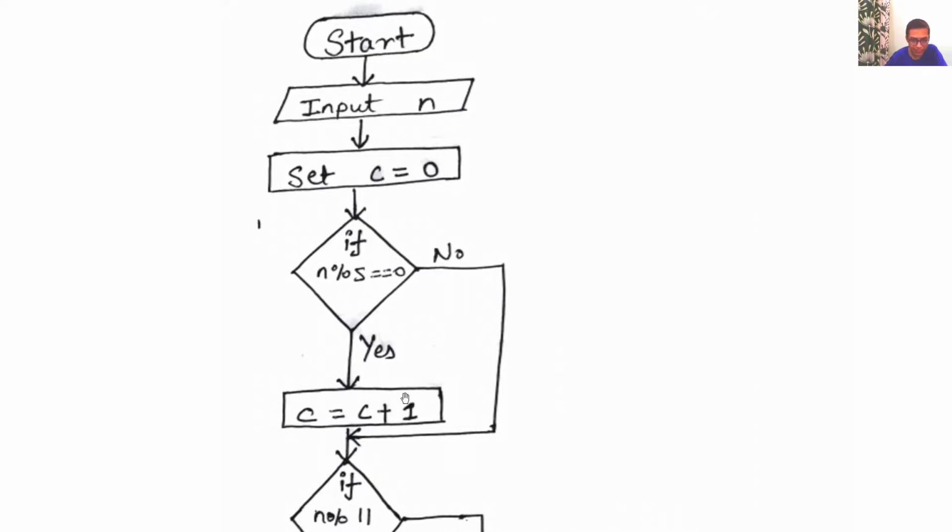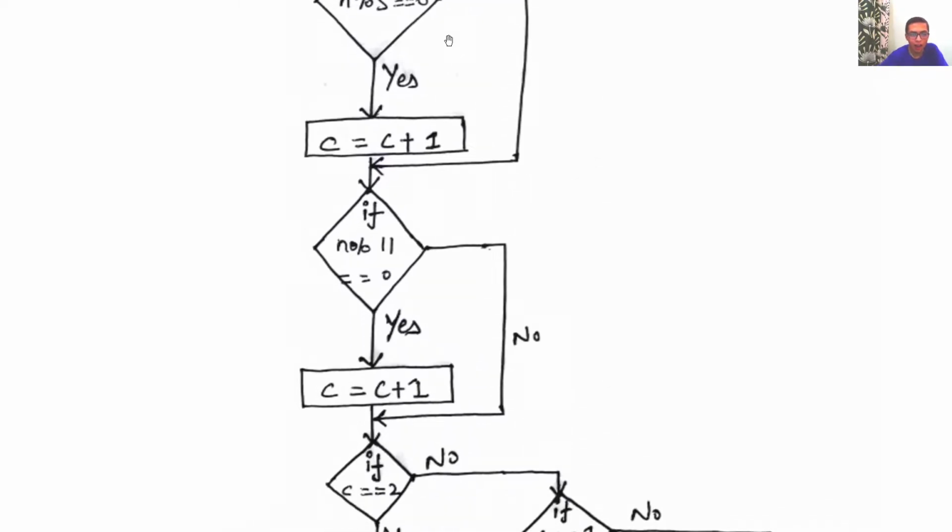This 1 means that this n is divisible by one number, or one of 5 or 11. After this, I'll check is n divisible by 11 or not. Again, if n is divisible by 11, I'll increment the value of c.